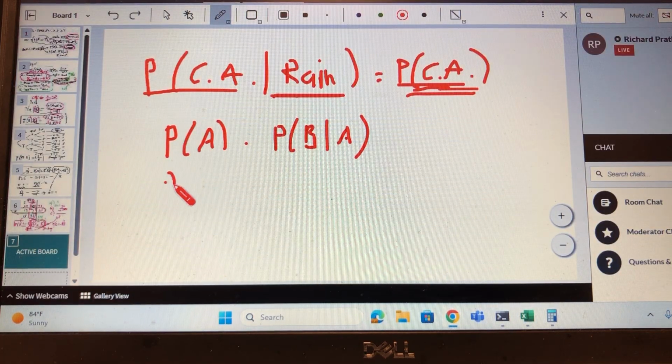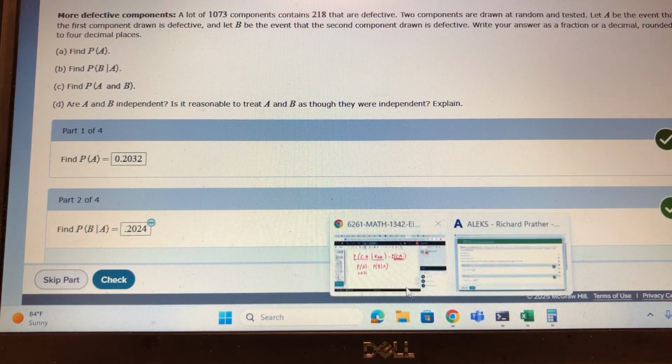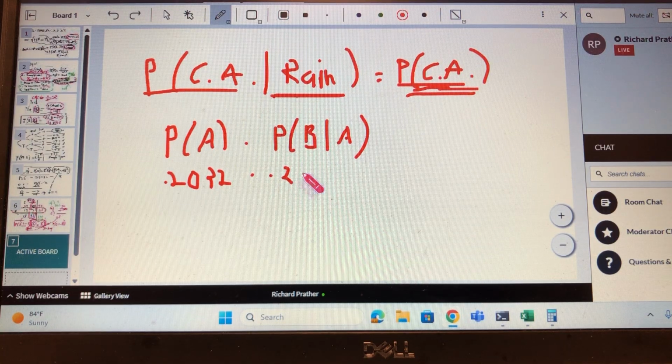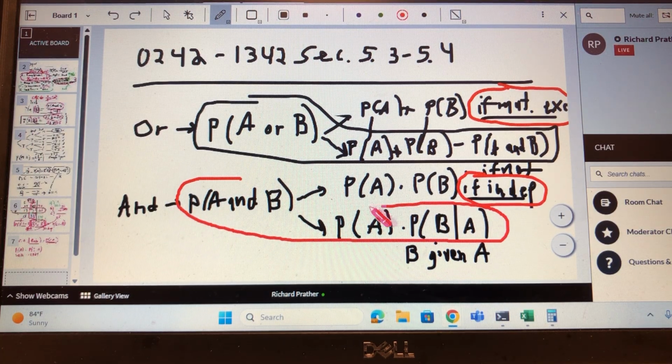0.2032 times 0.2024. And I'm actually using a formula here. It's the second formula right here. This is what I'm doing. A and B is A times B given A. That's when they're not independent.